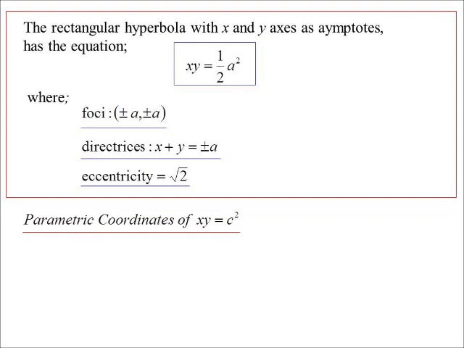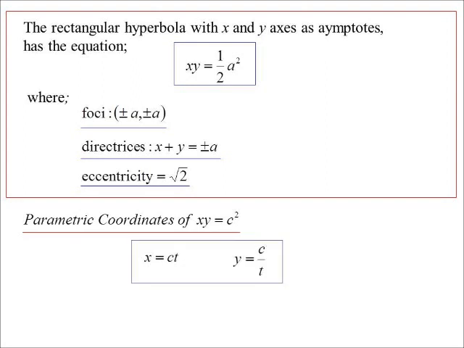Well, the parametrics now, again, I don't think of it as xy equals a constant for the parametrics. I think of it as xy equals c squared. The parametrics here are more like the parabola. I'm not going to do it with reference to the auxiliary angle. I'm just going to do it like this.